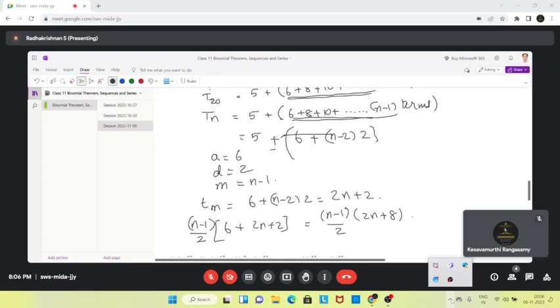So I can take n minus 1 into 2n plus 8 whole divided by 2. So it simply becomes n minus 1 into n plus 4, the sum of this series. So that is your Tn.